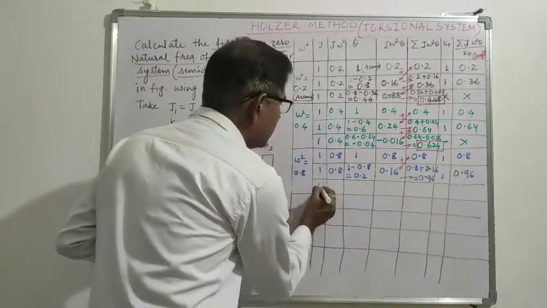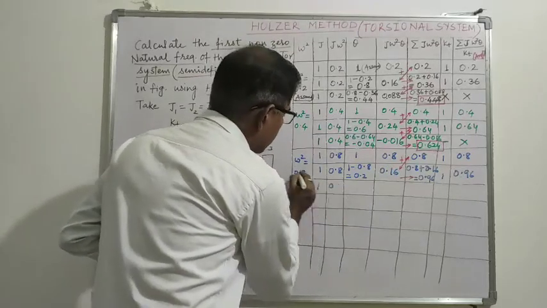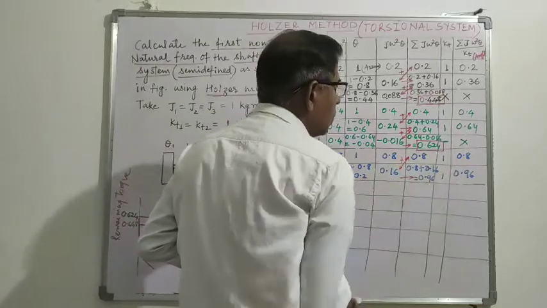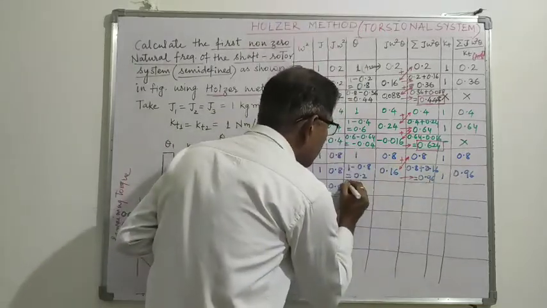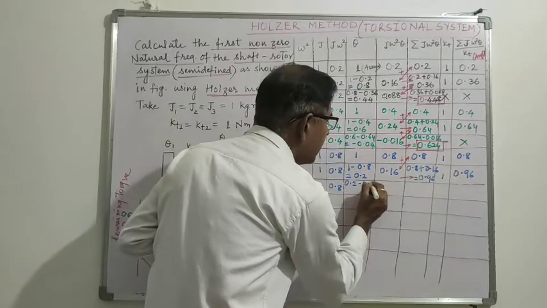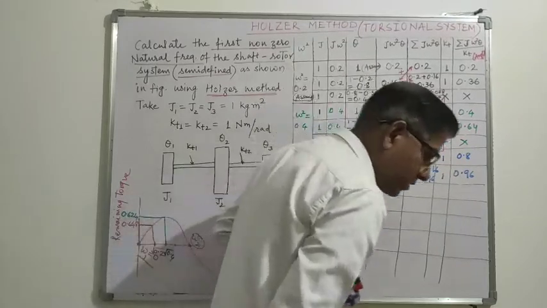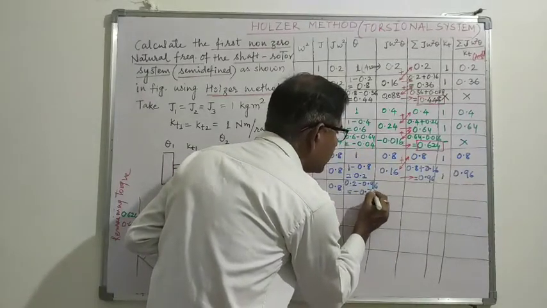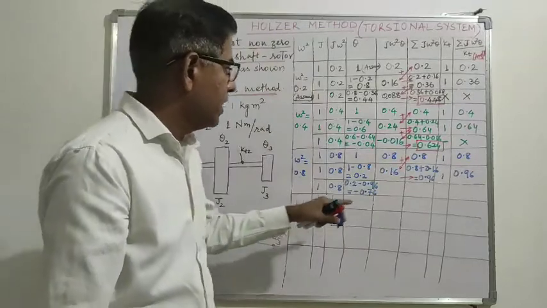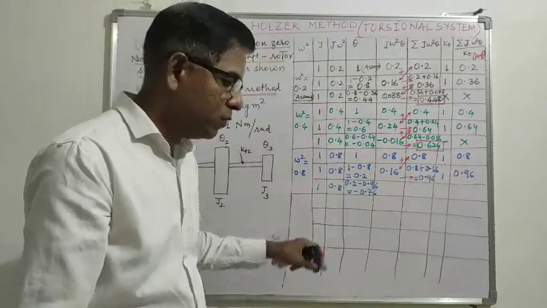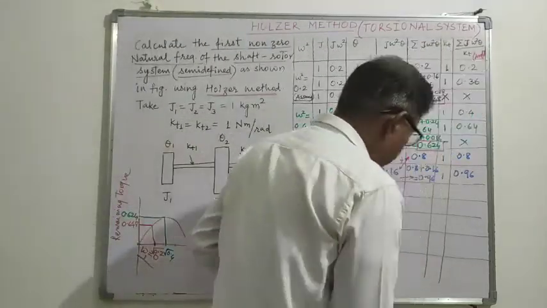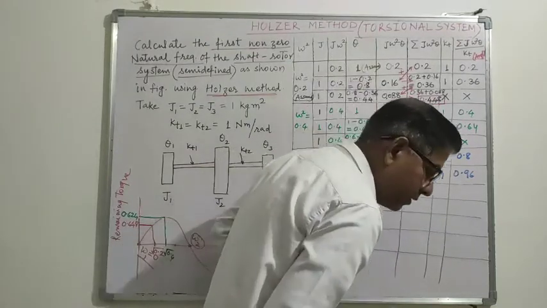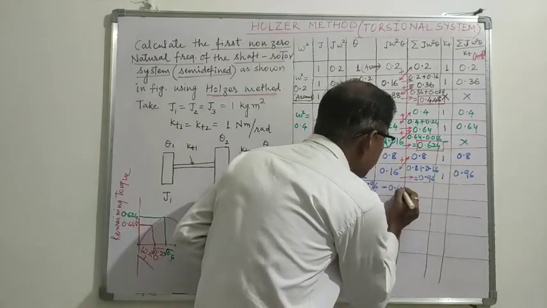In the third iteration it is 1. 0.8 into 1 is 0.8. So 0.2 minus 0.96, the answer is minus 0.76. And minus 0.76 into 0.8 is minus 0.608.